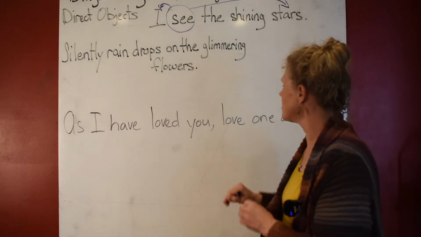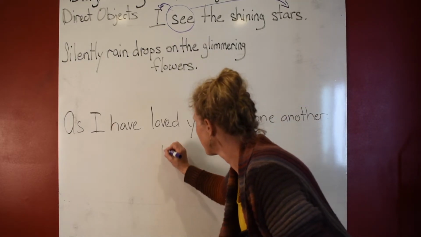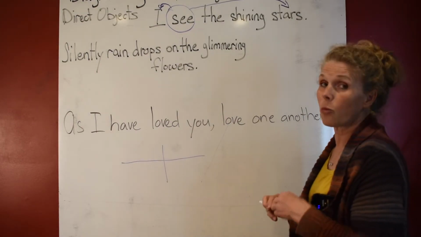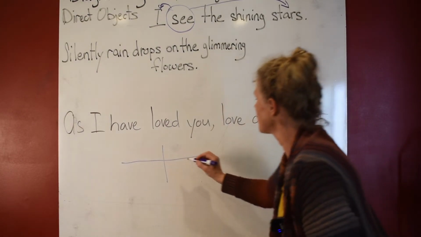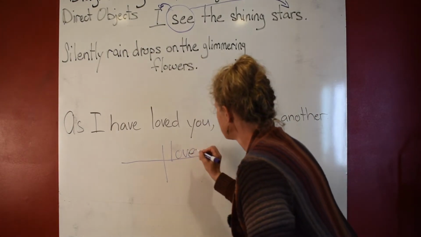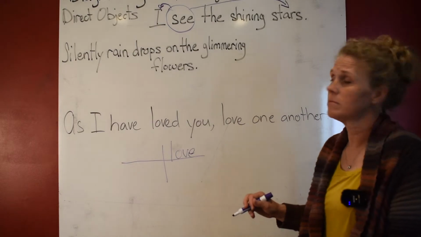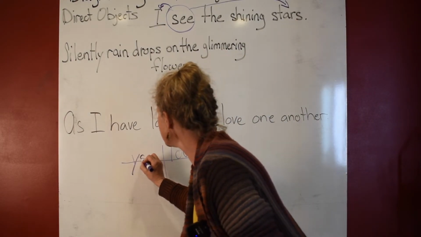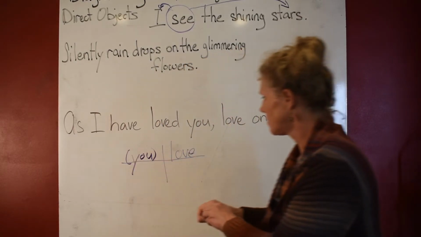So now let's find your verb. This is a really easy clause. So let's find the verb. What did they do? Well, they loved, right? Well, they love. Okay. Well, who loves? There's nothing here. Who loves? You love. This is assumed. Okay.